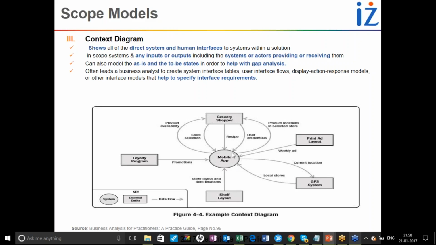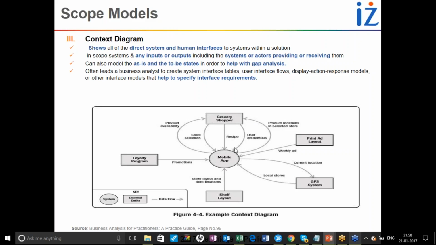Whatever you are developing is in the center, and only the direct systems are represented here in the form of rectangles, and this is the communication and relationship, and whatever data is flowing is represented through this association or relationship.